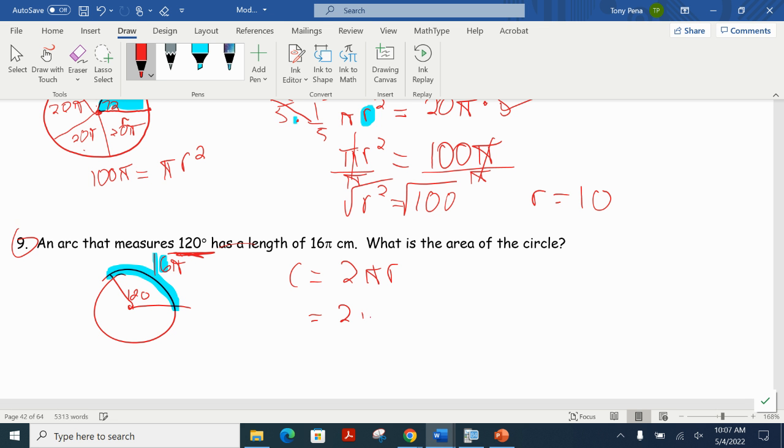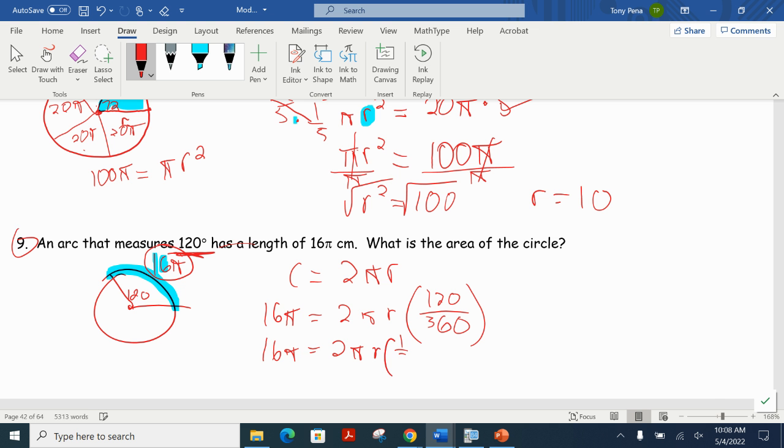What we need to understand is we don't have the entire circle. We have 120 of the full 360. And when we only have that much of it, that gave us a length of 16 pi. Okay? Solve that.